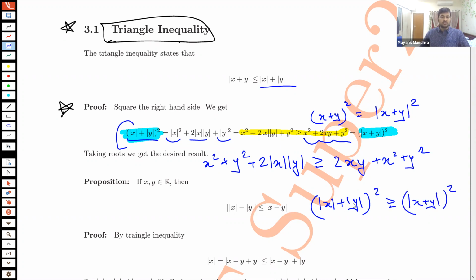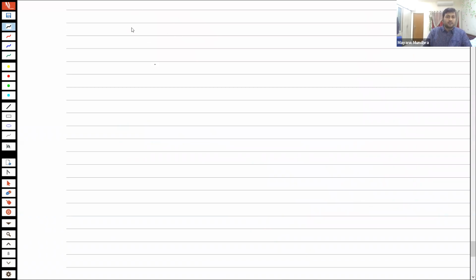Now, since both these entities have been constructed as positive things, you can remove the root without changing the sign of the inequality. In general, if a² is greater than b², it does not necessarily imply that a is greater than b. This is not true because a and b could be negative.